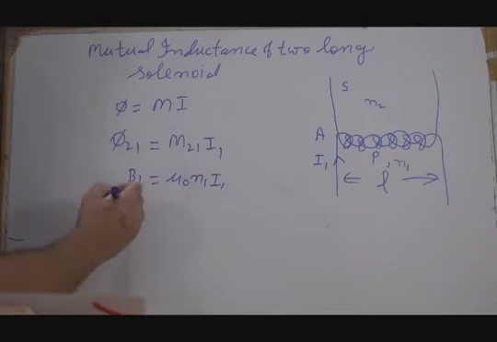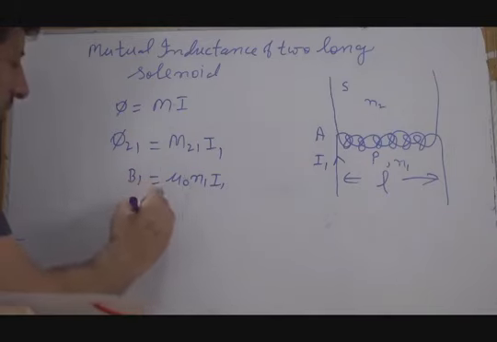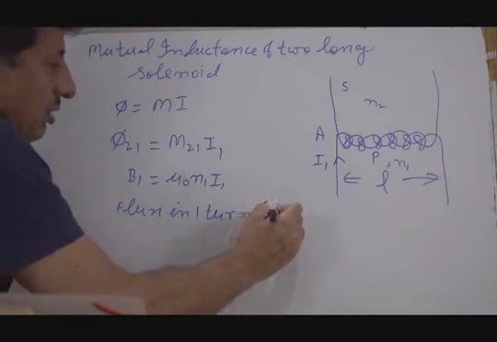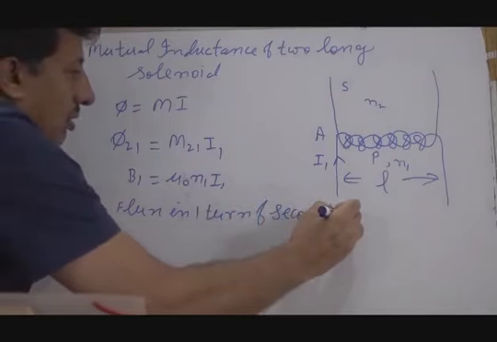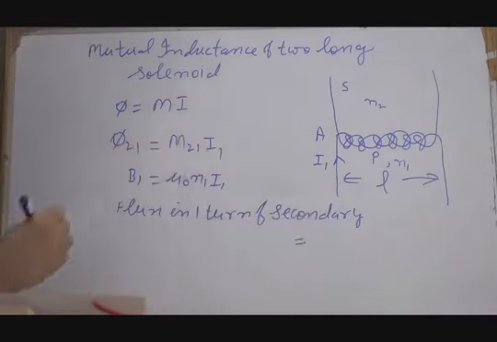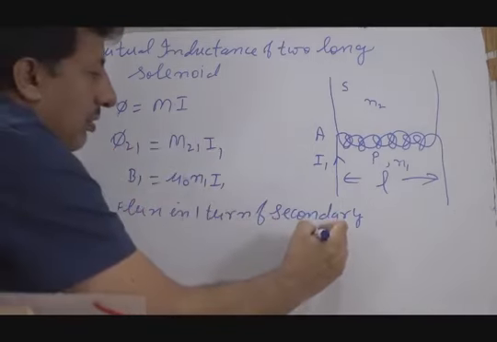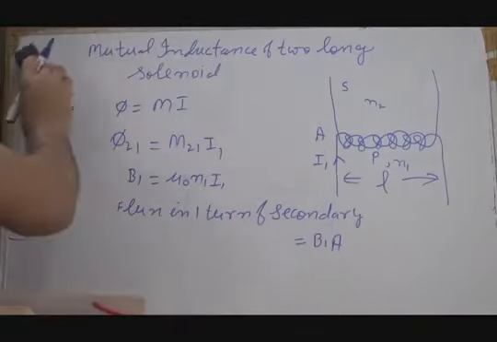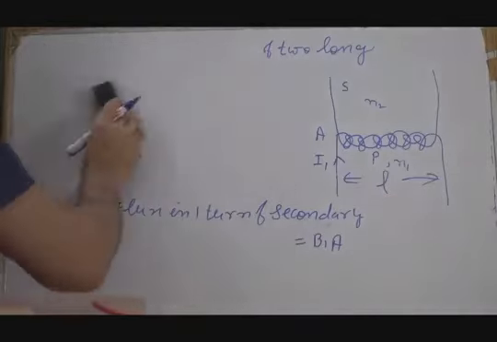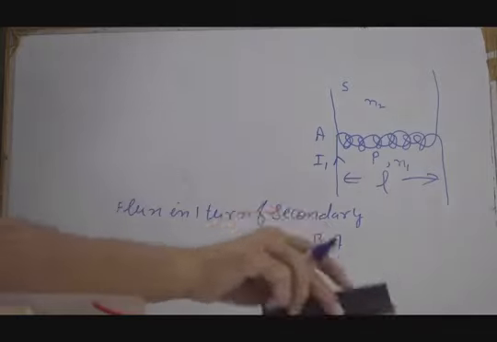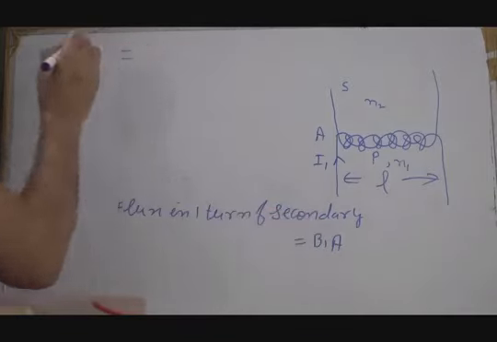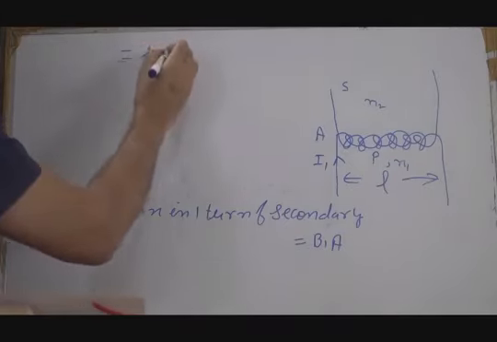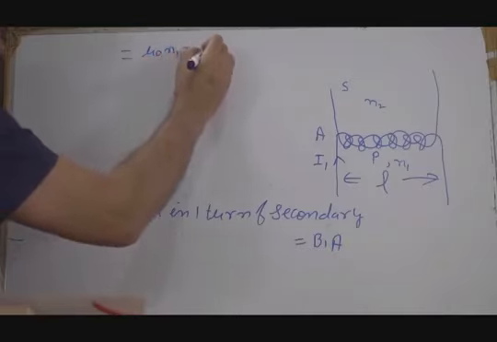So flux in one turn of the secondary will be equal to B1 A, that is, mu 0 N1 I1 into A.